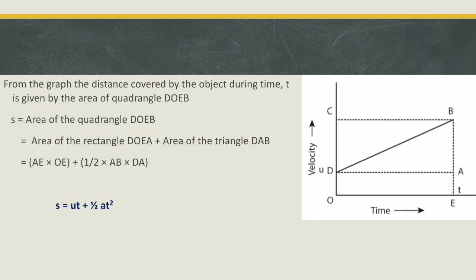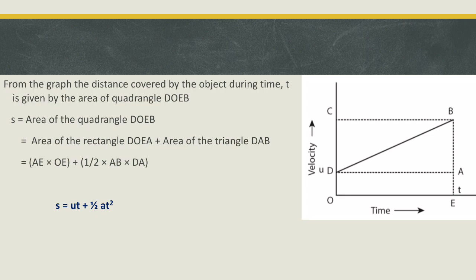Then let us study the second equation of motion. In the first equation of motion, we used the definition of acceleration. In the second equation, we will be using the concept that the area under the velocity-time graph gives us the value of displacement.